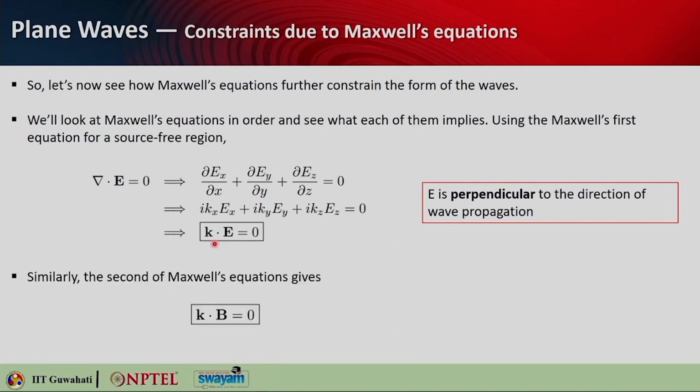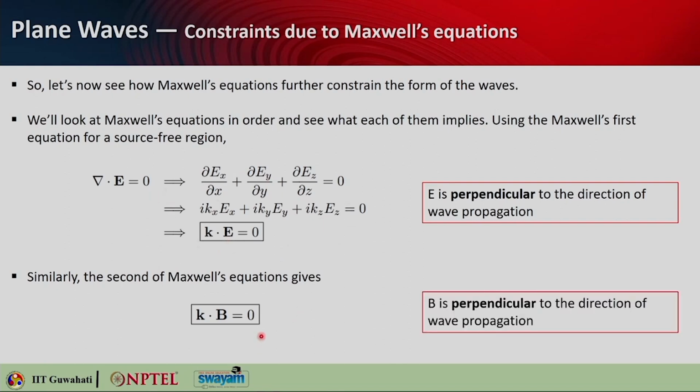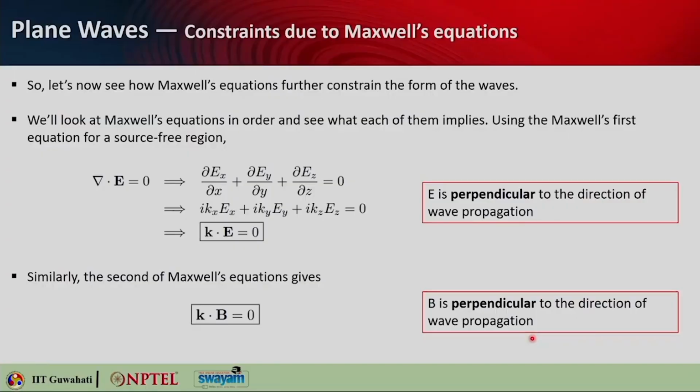The same thing can also be shown for the second Maxwell's equation, that k dot B becomes 0, because you start with del dot B equals 0, do the same exercise, and you will reach the same conclusion that B, the magnetic field, is also perpendicular to the wave propagation.